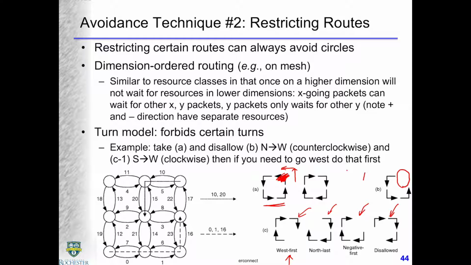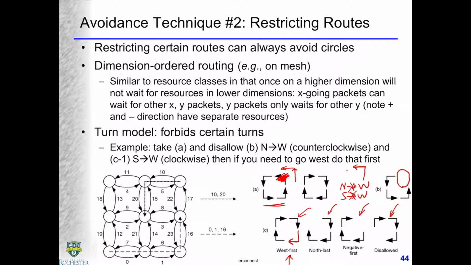Here I am saying if you're going north, you cannot turn west. North to west turn, can't do that. Here, what do I say? If you're going south, you cannot turn west. South to west turn is not allowed. Okay, what if I want to go west?